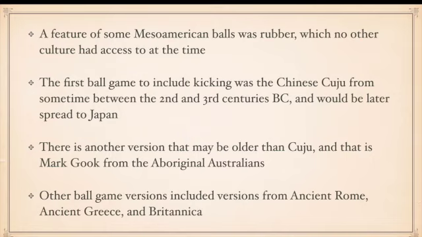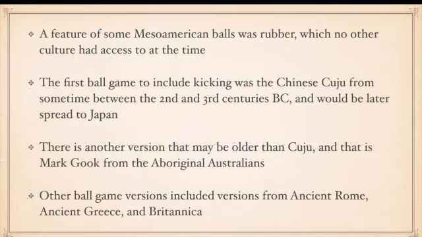It features balls that were made out of rubber, which the culture had access to at the time. The first ball game to include kicking was the Chinese-made Kuju, from between the second and third centuries BC, and it would later spread to Japan.